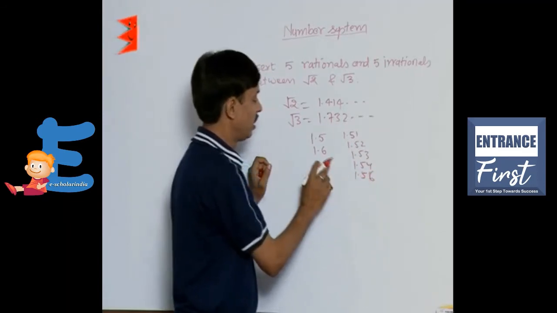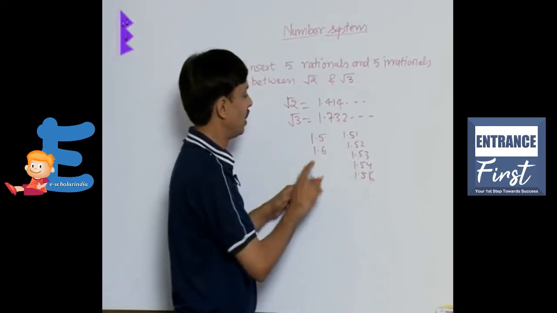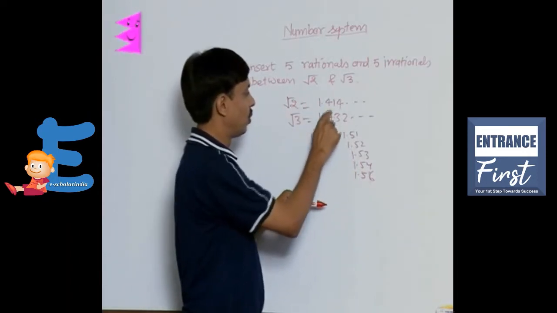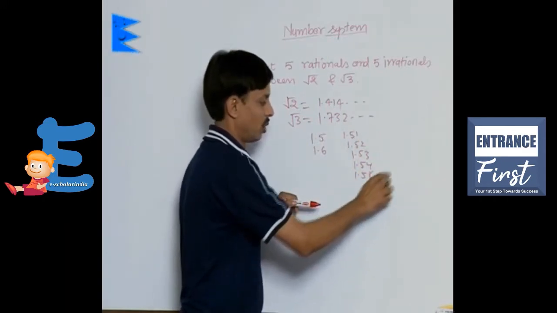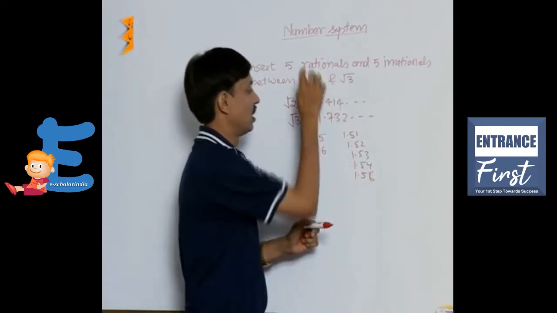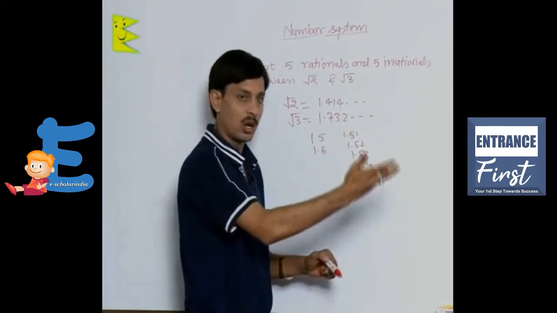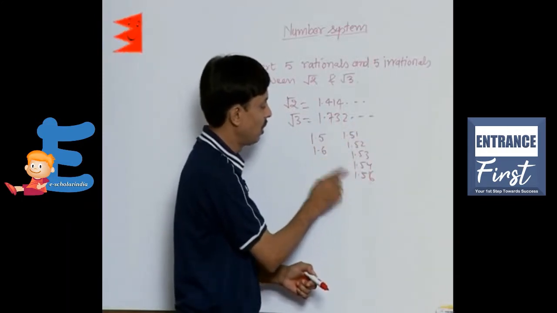Whatever you want to write, you have to take care that when you are writing a number, it should be more than 1.4 and less than 1.7. Because we are trying to write rationals, you have to write the pattern. So these are 1, 2, 3, 4, 5.